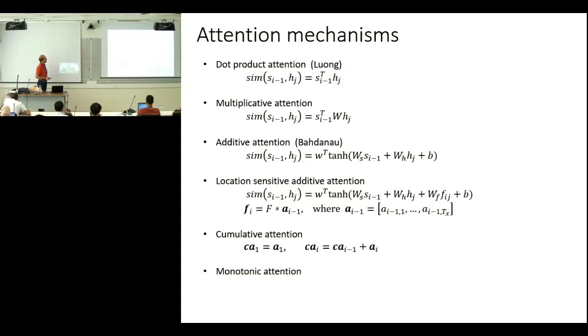The location-sensitive attention term extends this attention mechanism to take into account the location. For example, this attention mechanism does not take into account where this i is. I mean, the same matrix applies to i and to i plus 1, so it does not take into account in which position of time we are.